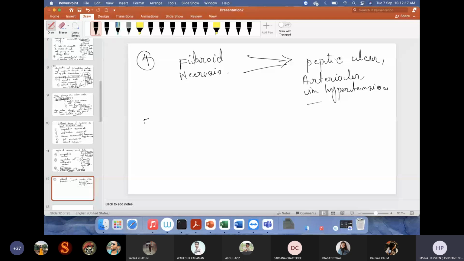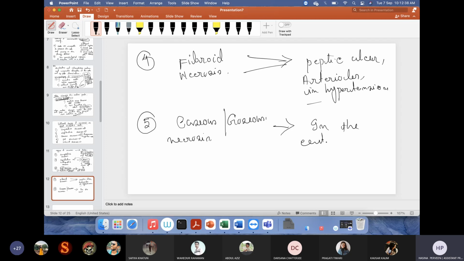Okay. And 5, this is the caseous necrosis. Caseous or gaseous, both are same. Okay. And this condition is in the center of lungs. Okay.